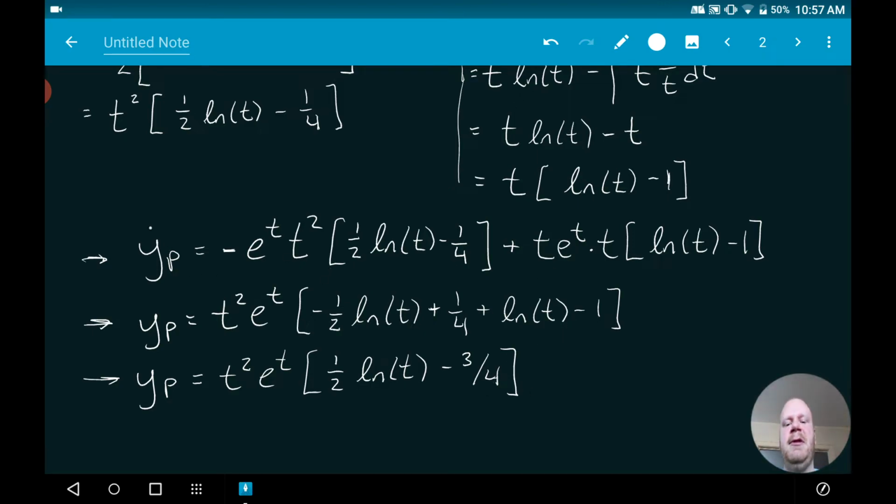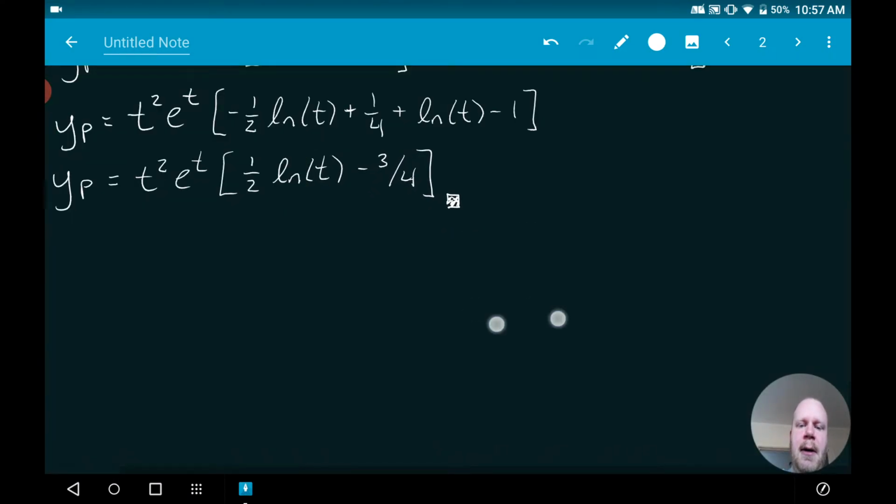I think the problem is done. If you're not asked to simplify your solution, I think the problem is done at this step, but this is a much nicer form to look at, and I bet if you were actually going to use this to solve for some values, maybe you needed to find C1 and C2, this would be a much easier form to look at.